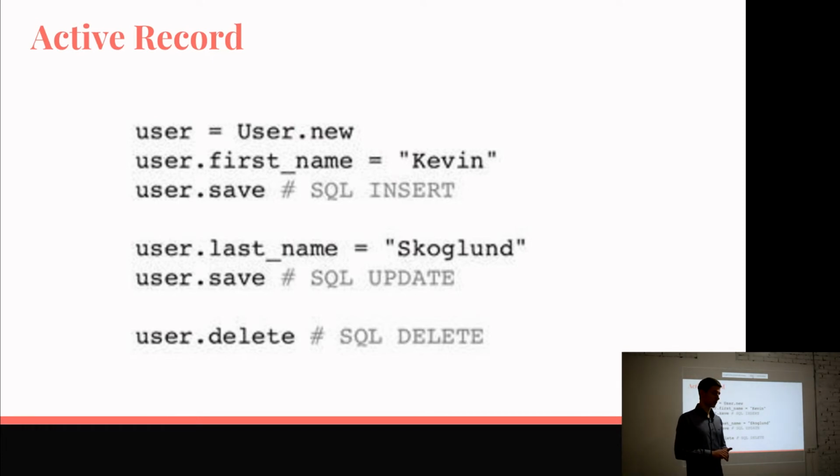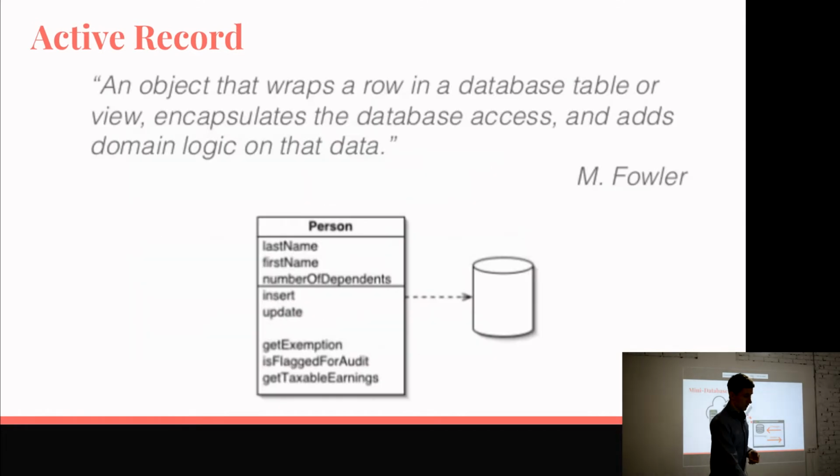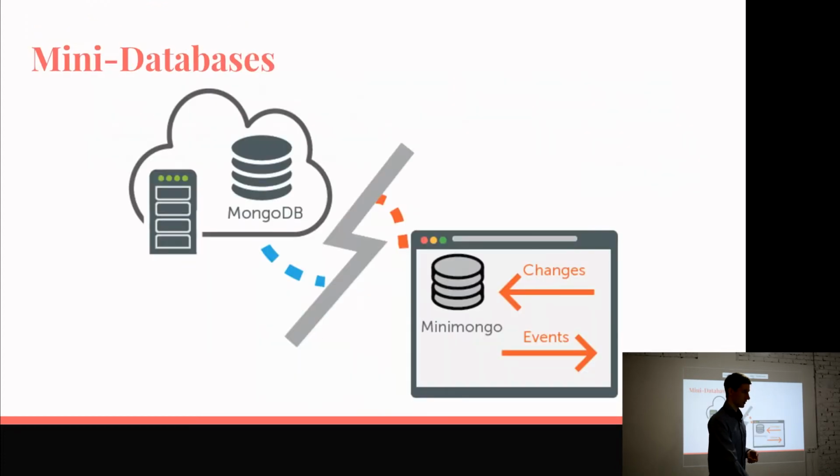But in the end, this leads to users needing to maintain this Active Record thing. Also, for each of the databases, you have to write adapters. But Meteor decided to use the one database everywhere principle, and since Mongo was the best at that time, in their opinion, they decided to use it.